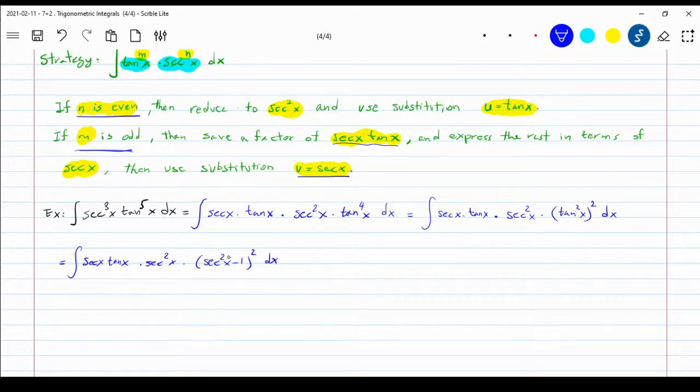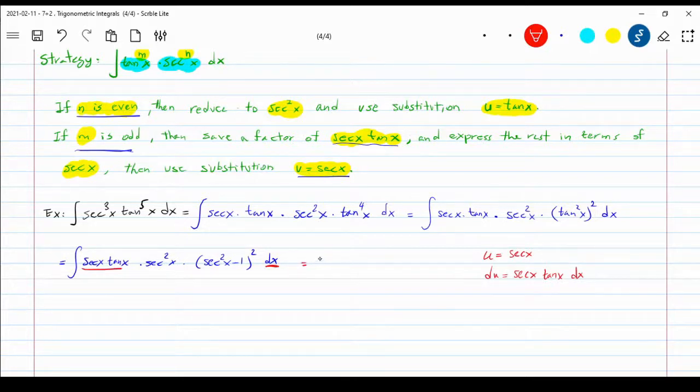You may think it's too much, but after you do one substitution you will notice that it becomes very simple. So if I pick the substitution u to be secant x, du becomes simply secant x tangent x dx. So this term, secant x tangent x dx, is simply our du.